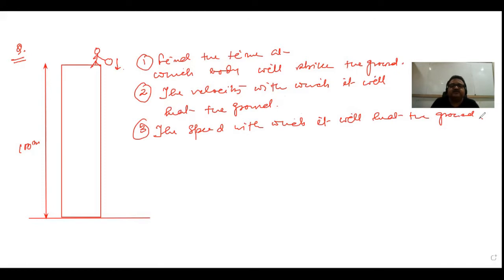Now, first of all, let me do the first part. The time at which the body will strike the ground. So what I am doing, I am using this formula S is equal to ut plus half at square. Look, I am not using any direct formula, correct? I can use it. But just to give a clear concept, first you try to do it by yourself without using the formula.